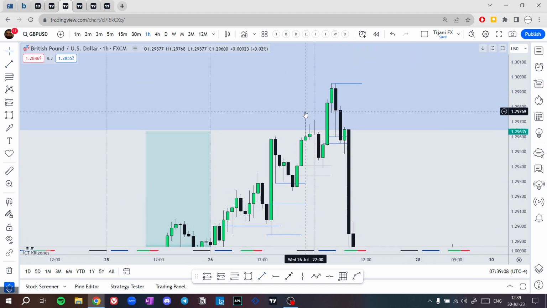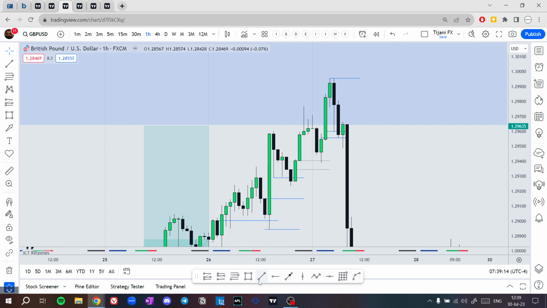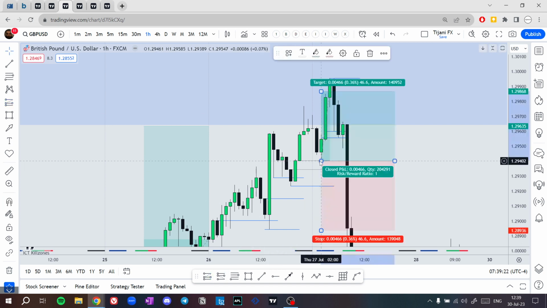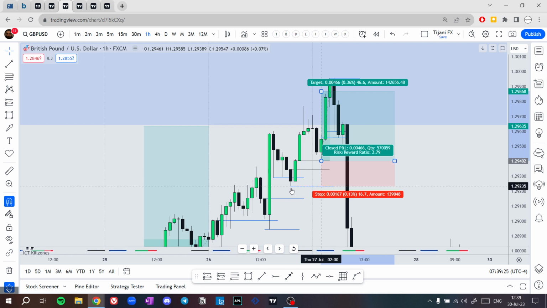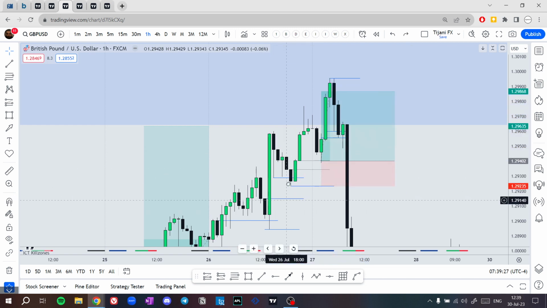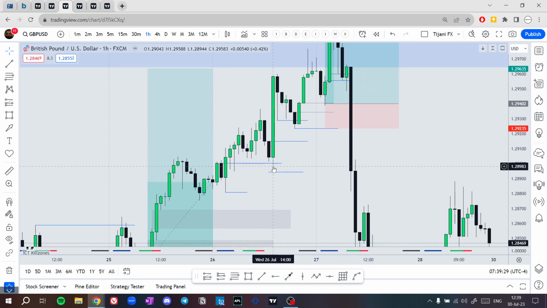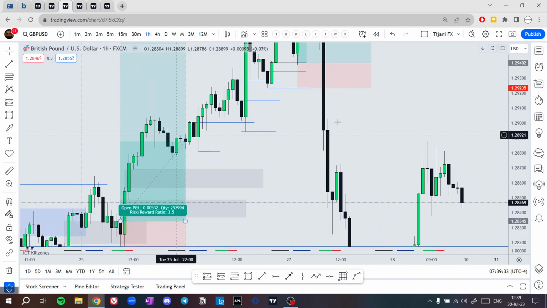Check your partial here, and as I told you, even if price is here, you don't shift your bias until you see this low is broken. So once price retraces here, I'm gonna look for another buy entry from this fair value gap, stop loss here. I would have entered at this place here if it wasn't FOMC, but because of FOMC, it's not an entry for me.